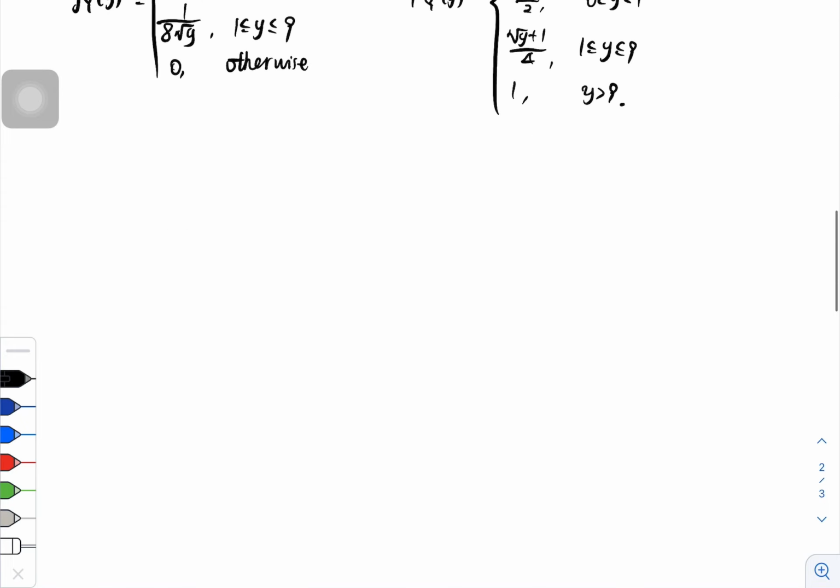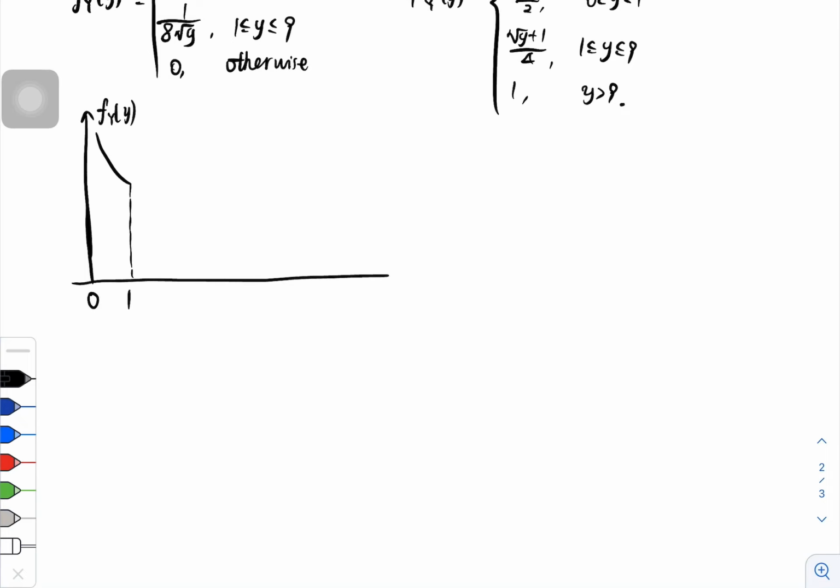We have to draw the figure. For the density function, we draw about 2 parts. First part, 0 to 1. This is a quarter.